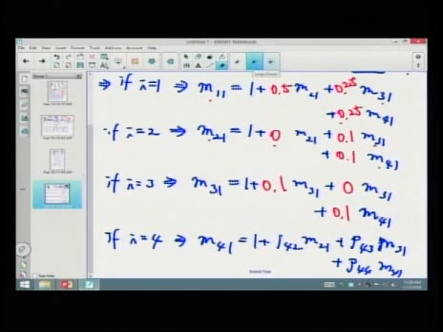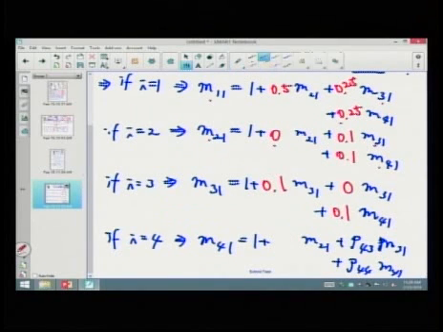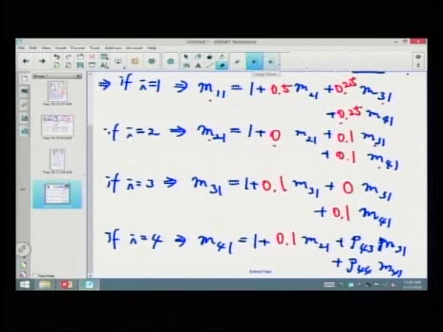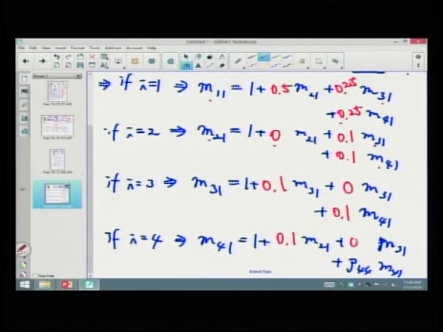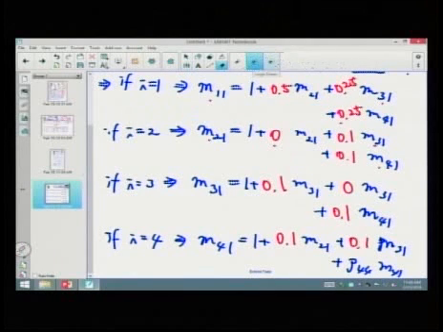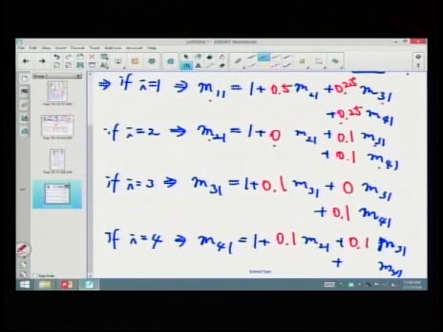So if we keep going, this is 0.1, and this is 0.1, and finally, what is p44? That is 0, right?